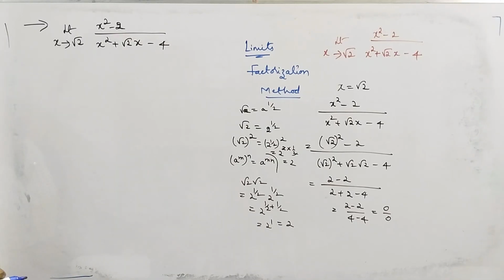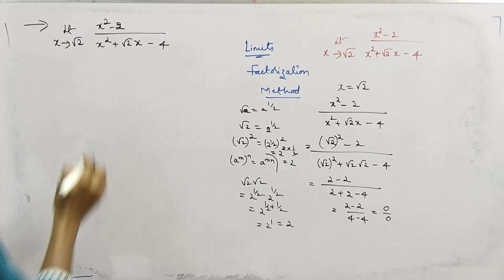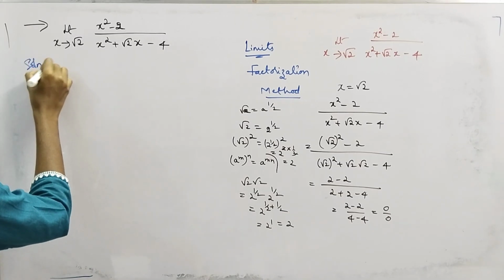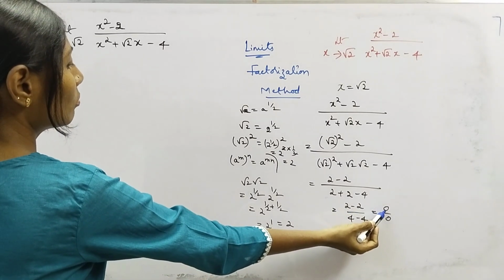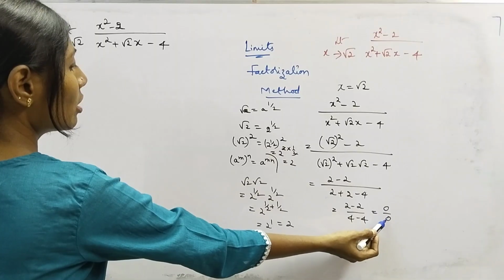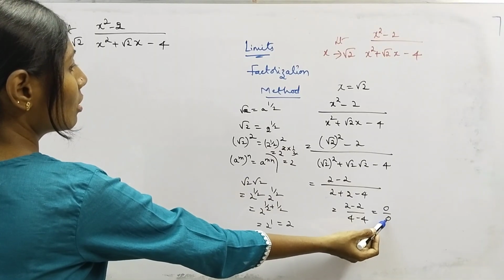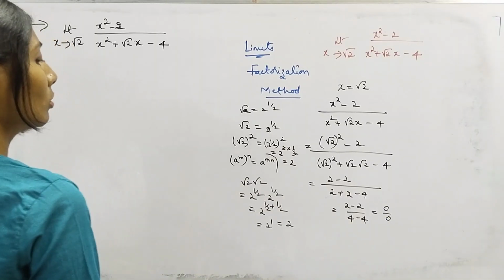So now, since we got the indeterminate form 0 by 0, this is nothing but the limit of the numerator is 0 as x tends to root 2, and the limit of the denominator as x tends to root 2 is 0. Okay?